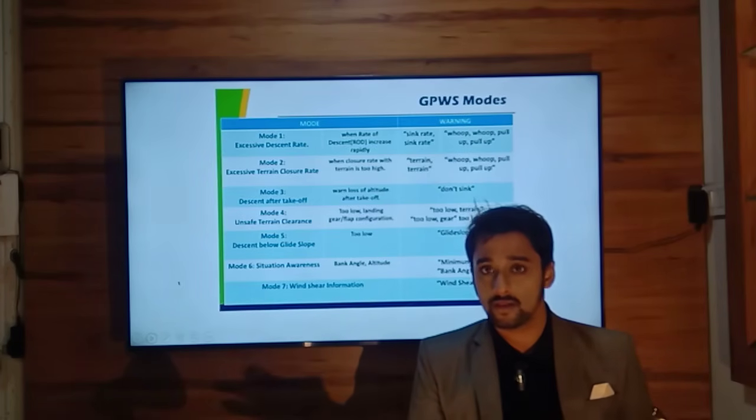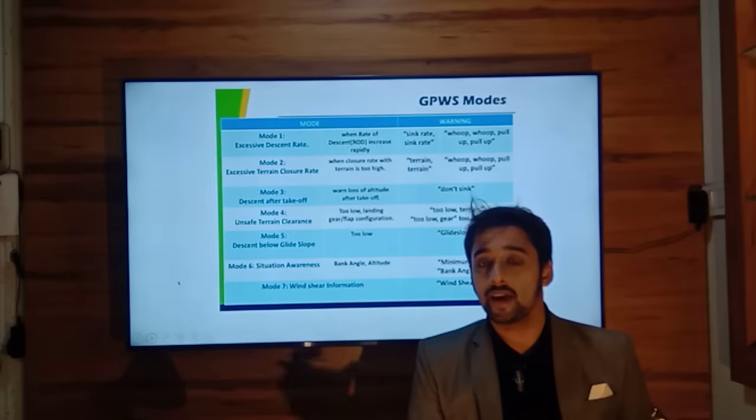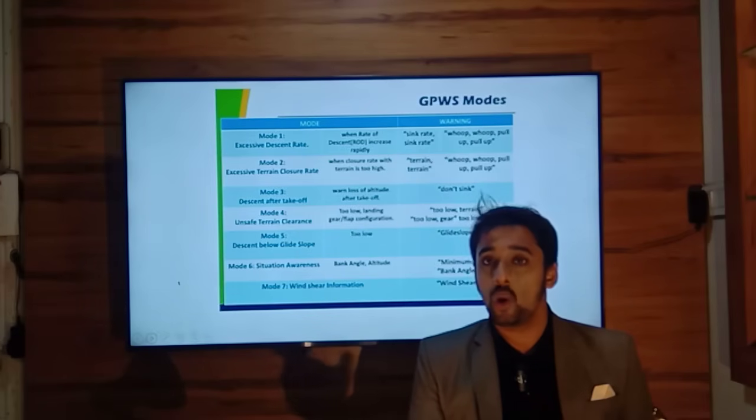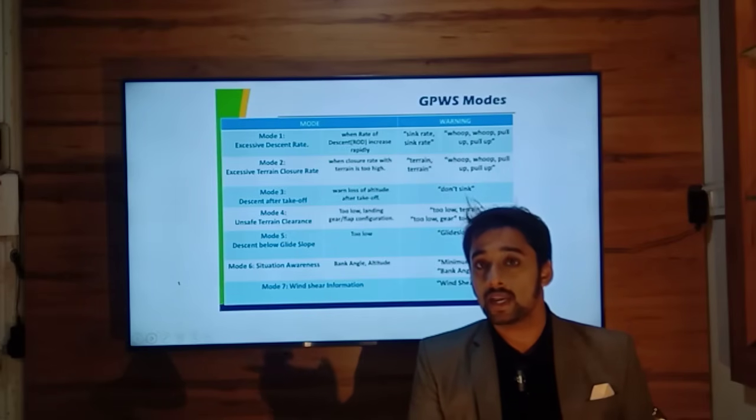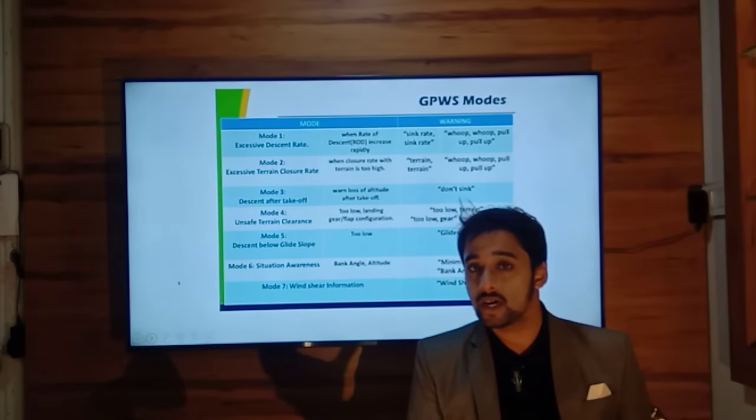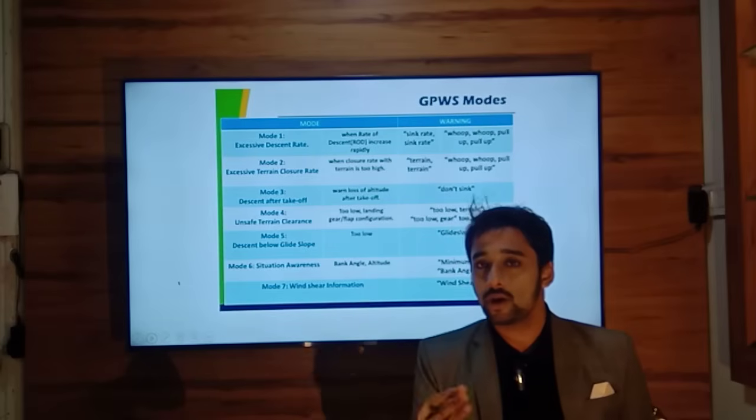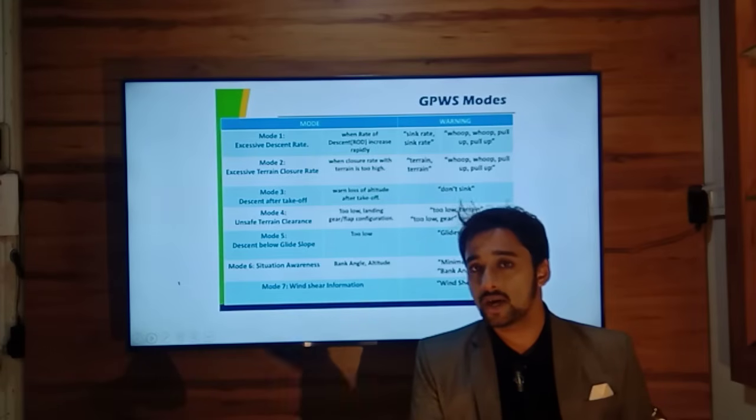In VFR it's fine. You can look outside and evade an obstacle, but all these rules are made keeping in mind IMC conditions. In IMC conditions, you're totally flying in unknown weather or atmosphere, meaning you cannot look outside because outside the visibility is zero.